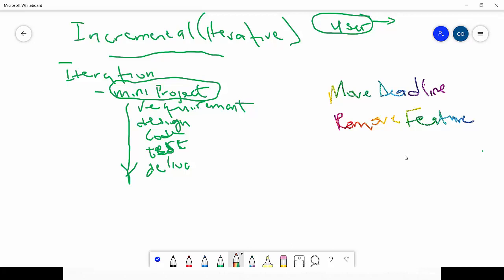Okay? So in all this, what I'm trying to pass across is you should be adaptable. At the same time, the process model helps you to communicate with your user. At the end of the day, you want your user to be satisfied. They've come to you with a problem and they've asked you to create a computer program to solve their problem. You want to make them happy. You want your solution to meet their expectations.